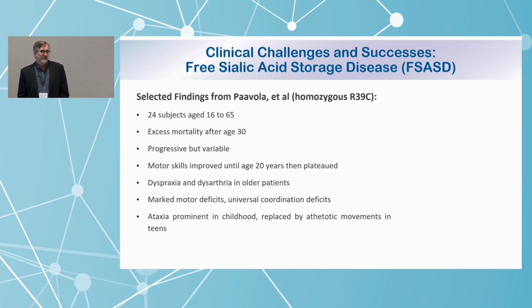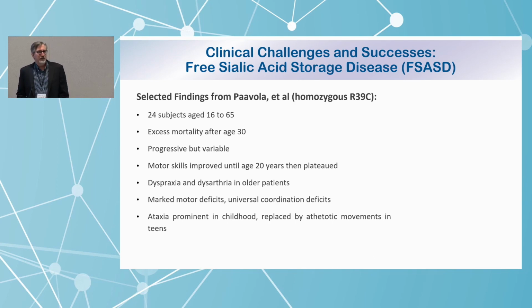Motor skills overall improved until age 20 and then plateaued, which is challenging in terms of setting up a study and thinking about the time scale. Dyspraxia and dysarthria, as I demonstrated, are present in older patients, and there are marked motor deficits.